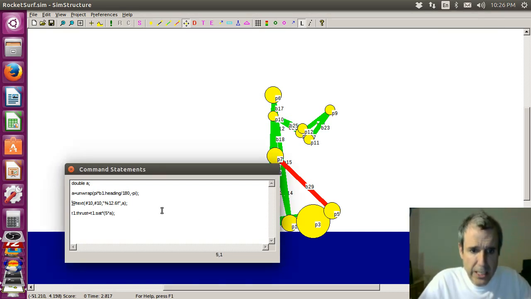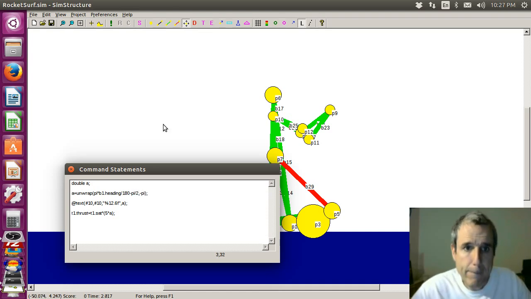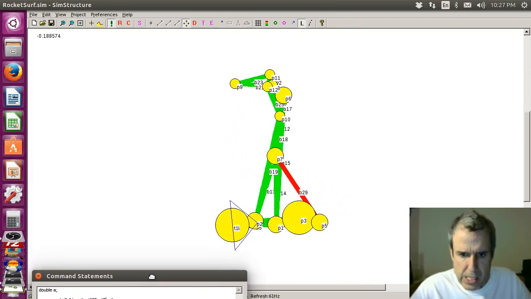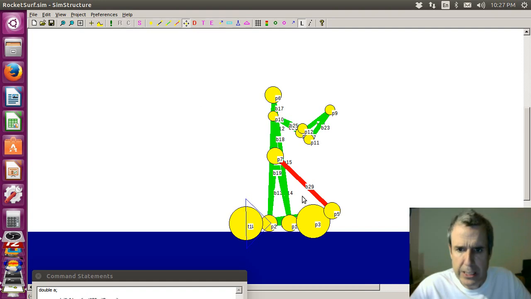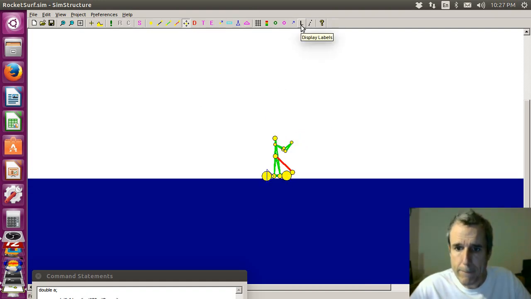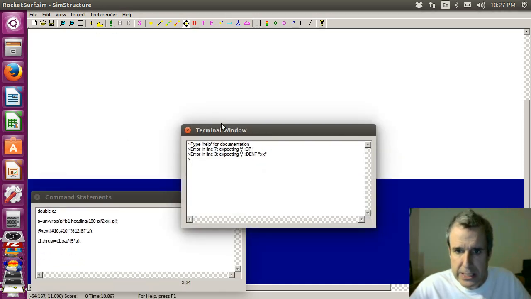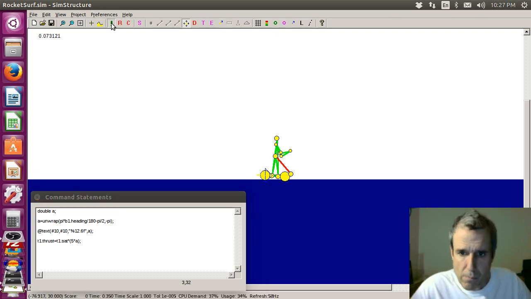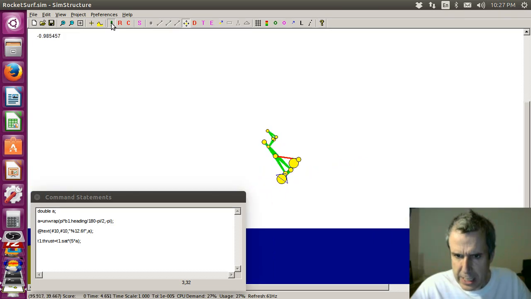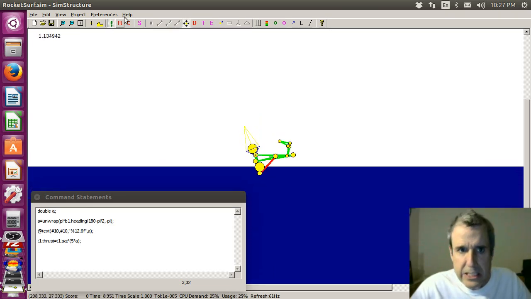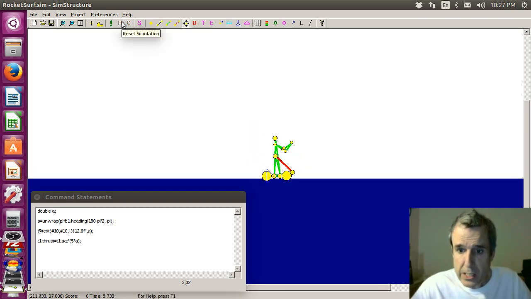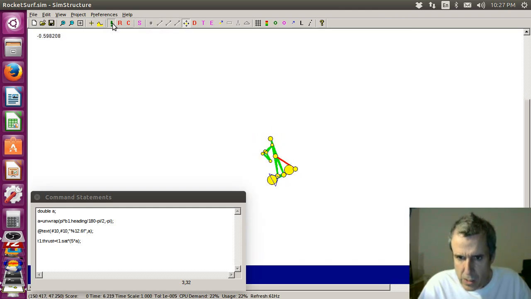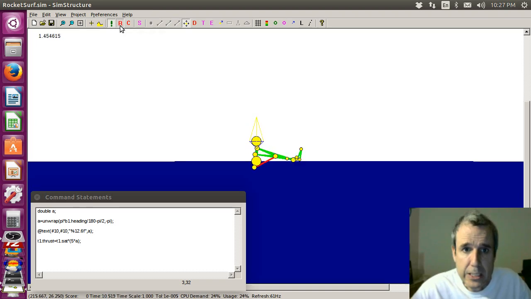Let's take 5 times the angle. Okay, so we made a controller for, woo, faceplant.